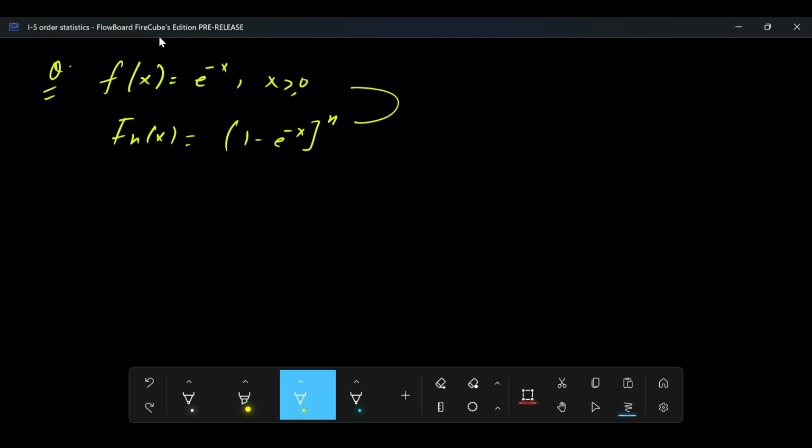This is the CDF of the nth order statistic of the exponential distribution.